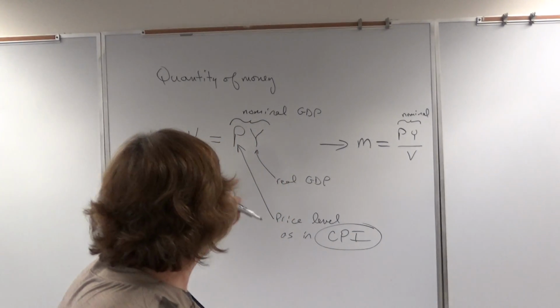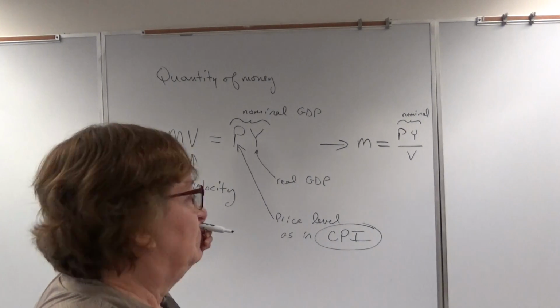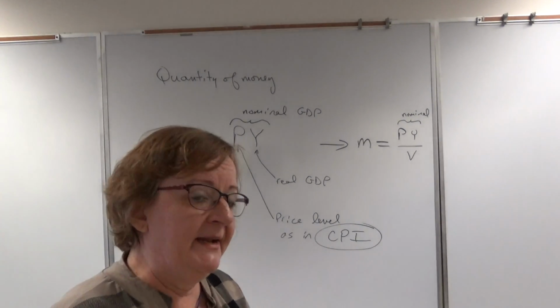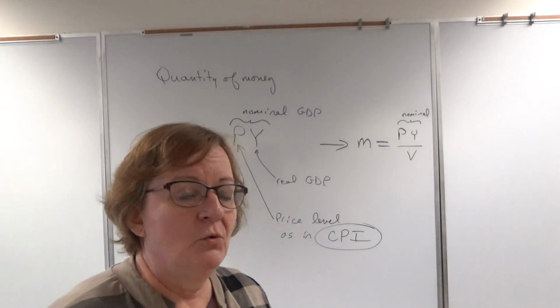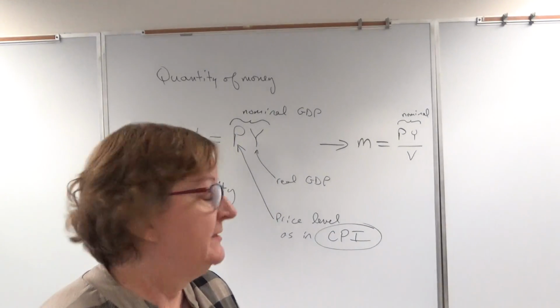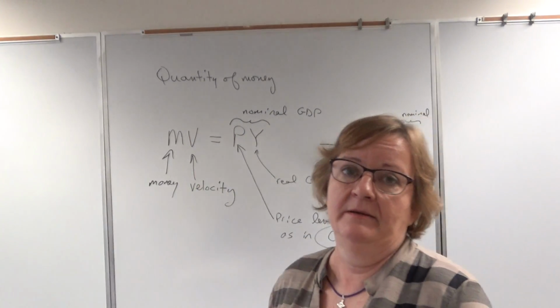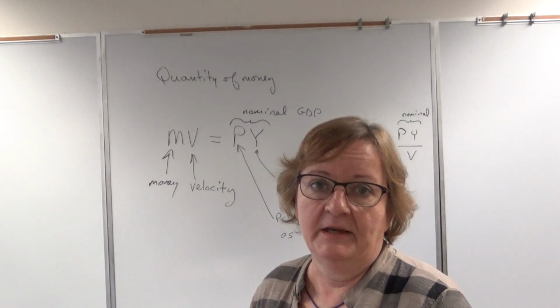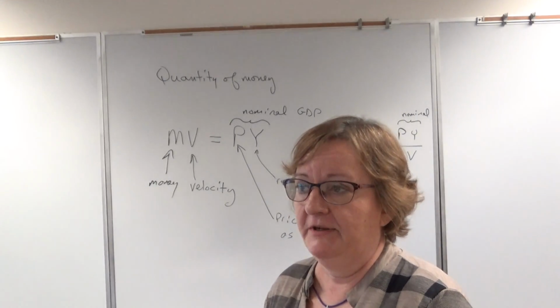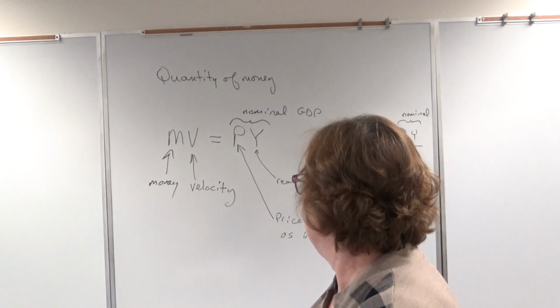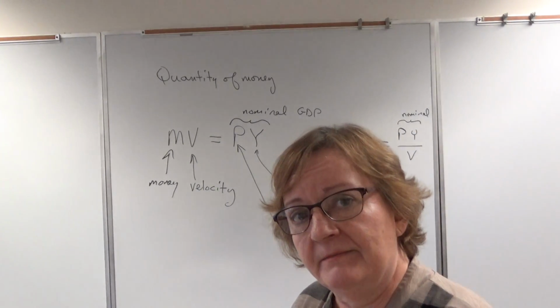But when you go into the Great Depression, it might fall and it might take more money. Or the Great Recession, where the Fed was dumping money into the economy. And everybody said, oh, we're going to have inflation, we're going to have inflation. And we didn't have that much inflation. But a lot of people weren't spending their money.